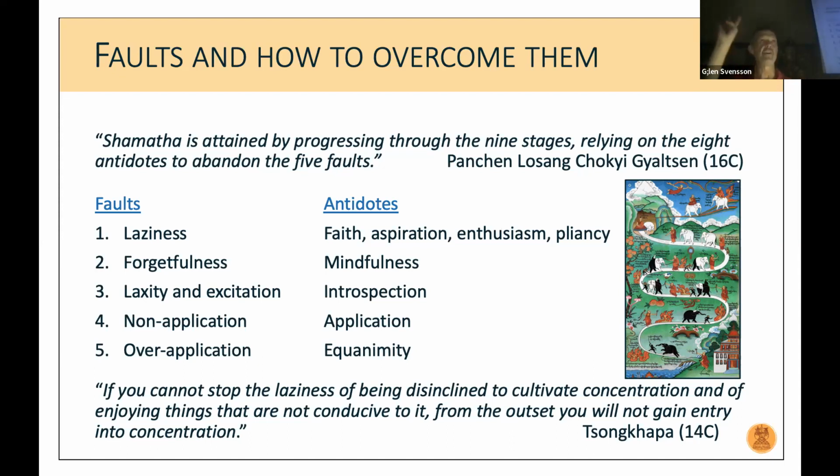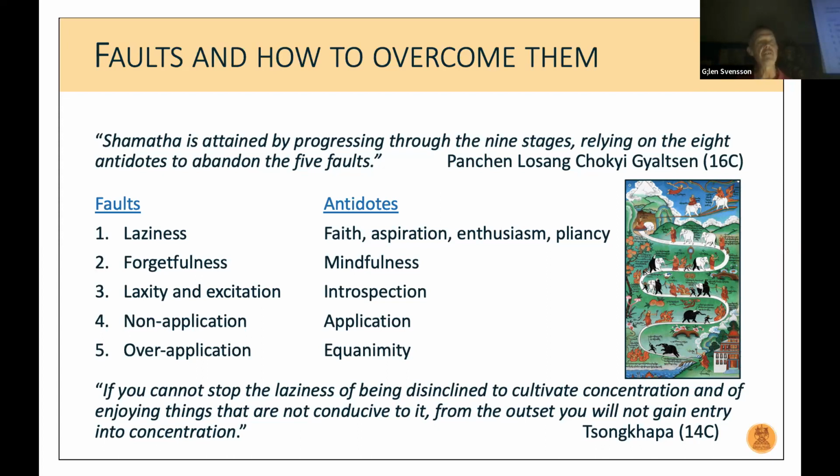There are 4 antidotes here. The first is faith. So like everything in our life, if we examine a certain activity and we can see that that activity is going to bring us a lot of benefit if we do it, then we're going to have faith in that activity. We're going to want to do it. So that's the first antidote. By reflecting on the benefits of the shamatha practice, we're going to have faith that this practice really will benefit us.